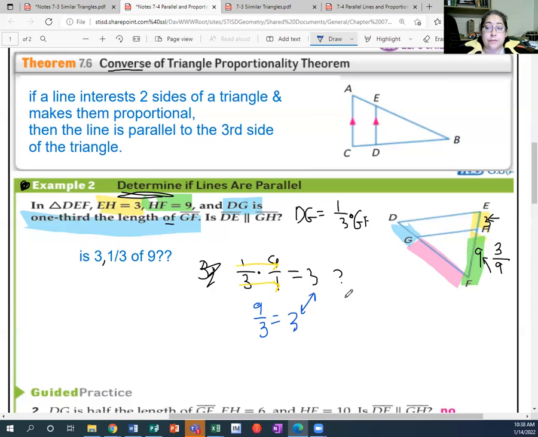They're the same. This tells me that EH is 1/3 of HF. These are identical in nature. That means these sides are in proportion.